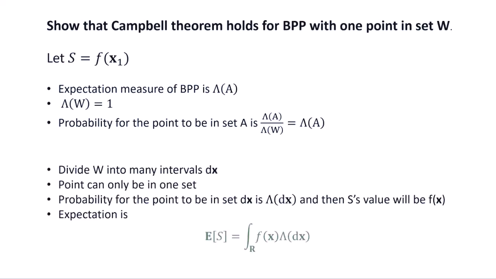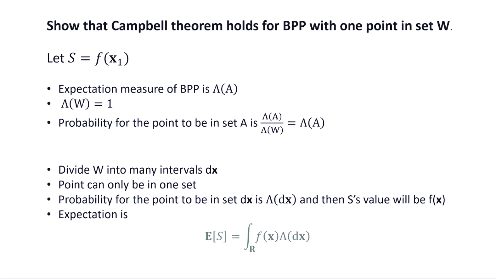So how do we compute the expectation of S? Note that first we divide W into many intervals, each of which is dx centered around x. And now there is only one point, so that point can only be in one of these sets. So suppose it is in a particular set dx: the probability for the point to be in that set dx is Lambda(dx), and then the S value would be f(x).